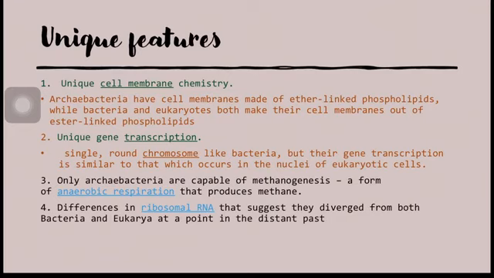Archaebacteria are capable of methanogenesis, the process of production of methane gas, which is a form of anaerobic respiration that releases methane. And the differences in the ribosomal RNA suggest that they have diverged from bacteria and eukarya. So that's the reason they possess features of both bacteria and eukarya.